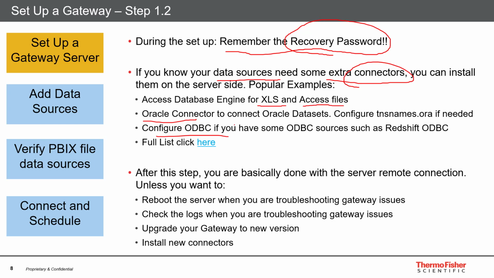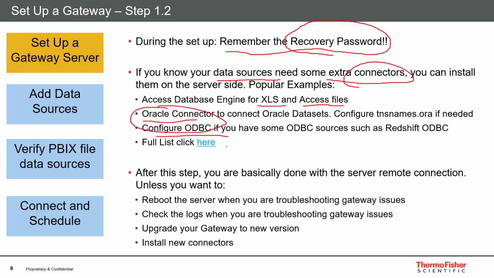The reason is the data gateway needs the connector to be able to read the data from your data source. If you don't install it, this gateway cannot read the data and therefore cannot pass the data to the Power BI server. So if you know your data source needs those connectors, you can install them before you disconnect from your server.